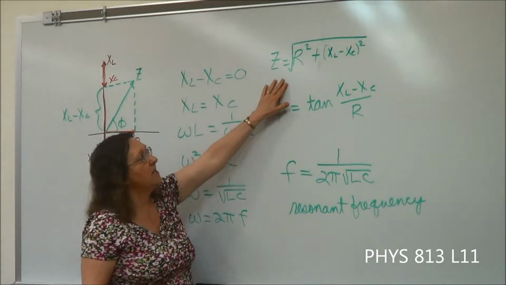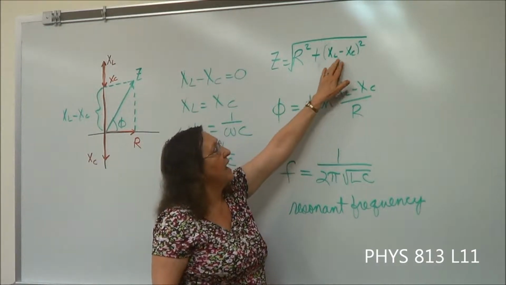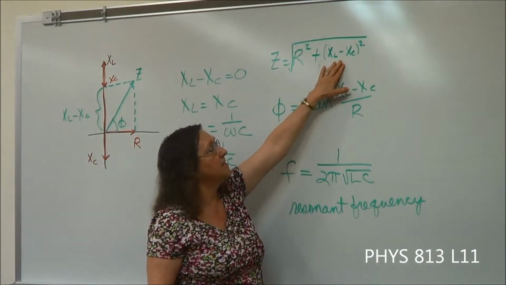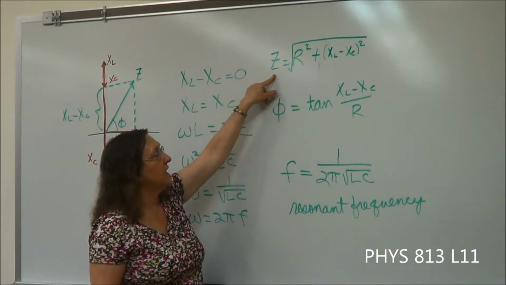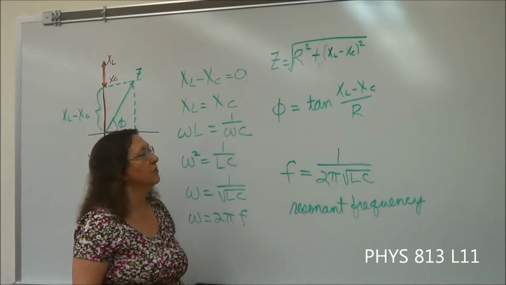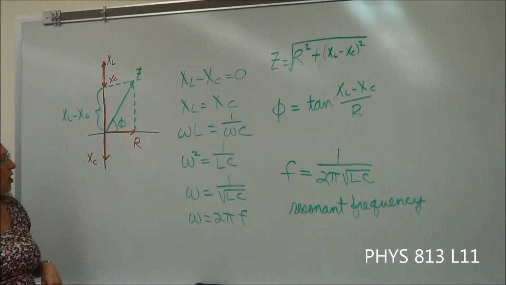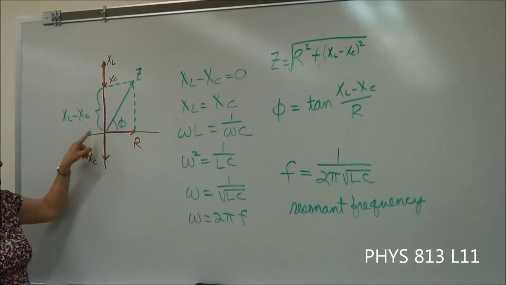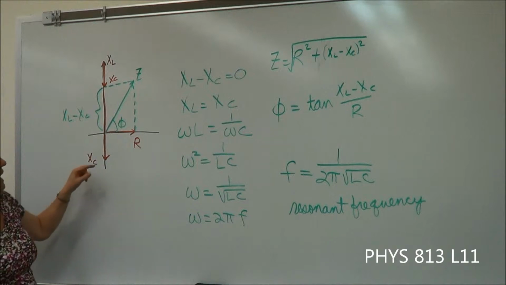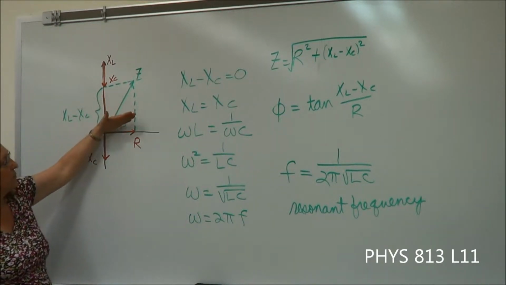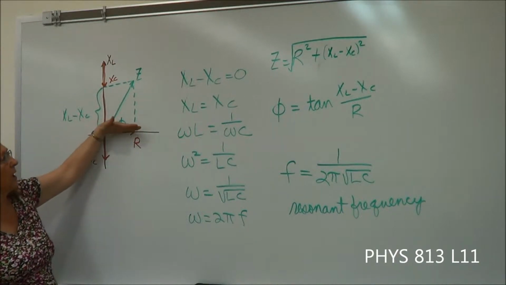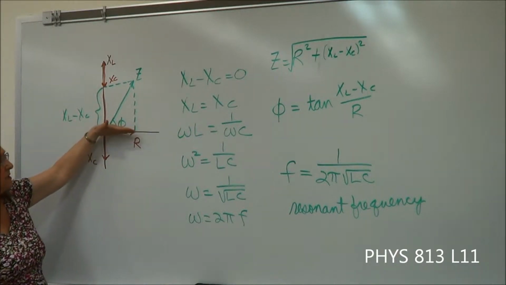Well, back in this, if we have XL minus XC equaling 0, then the impedance is just equal to the resistance. We might also look over here at our phasor diagram, and if XL equals XC, that means that our impedance is over here right on top of our resistance.